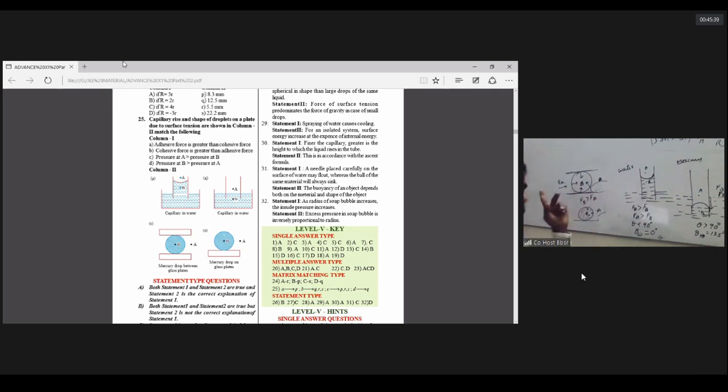Atmospheric pressure and the weight of the glass plate both act on the system. And also here the normal reaction should exist. Normal reaction exists between the plate and the mercury drop, so that the maximum pressure exists on the mercury drop outside, not only due to adhesive forces. Have we got this point?